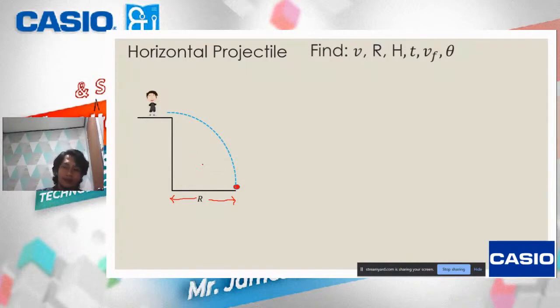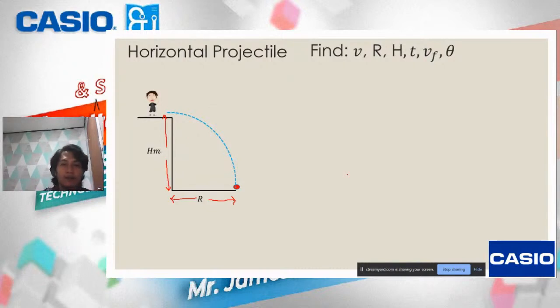And kung i-obserba natin, halos kalahati silang dalawa compare sa horizontal. We also have this maximum height. No, that may max yan, no? So the maximum height is from this point, okay, hanggang ma-meet natin yung ating range. That is our maximum height.